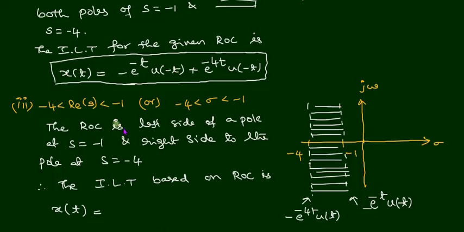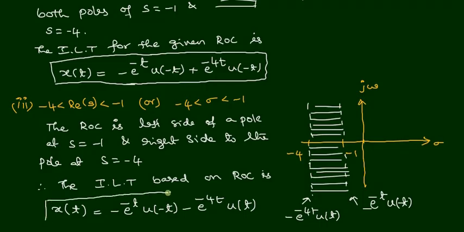So now this equals, first for minus 1, minus e power minus t u of minus t, minus e power minus 4t u of t. So this is the inverse Laplace transform for the given ROC.